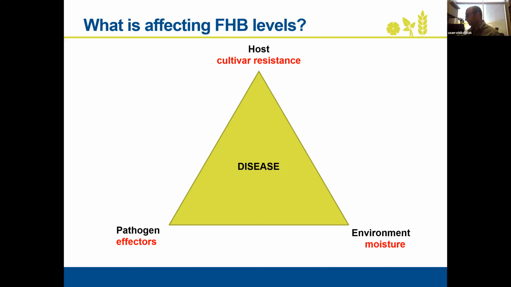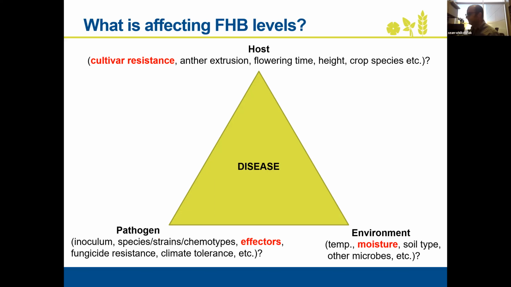Especially being a geneticist myself, this is the mindset that I often go to. But I'm challenging the people on this call not to always just think about these things as being the factors that control this type of interaction. These interactions are actually much more complex. On the host side, you have cultivar resistance, which might be genetic, but you have all these physiological things happening as well.